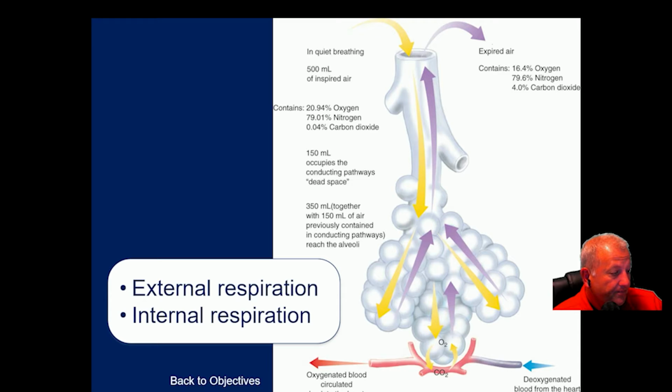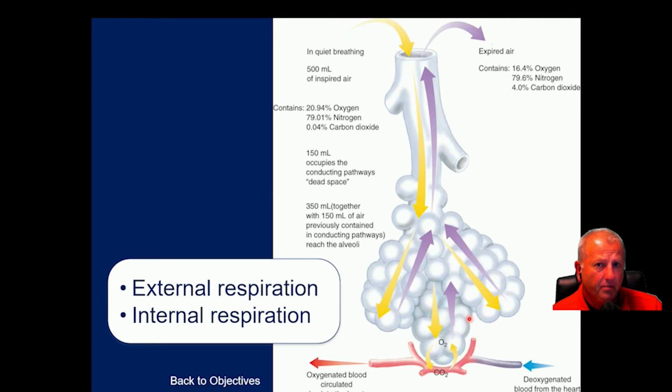We're going to take oxygenated blood and drop it off and pick up dirty blood, dirty CO2 there. That's what you're looking at here. Dirty CO2 has already been picked up. So that's internal respiration, not in this picture.